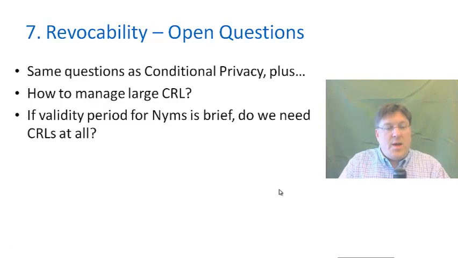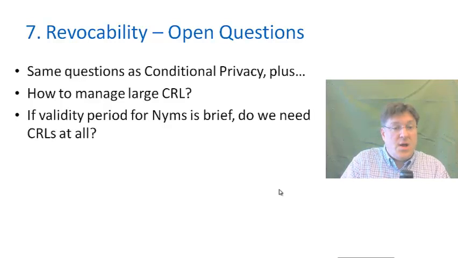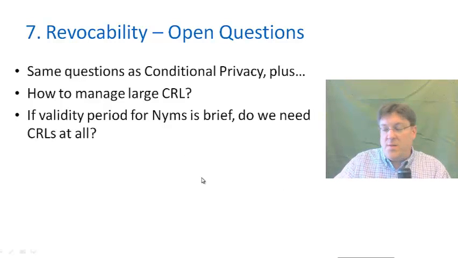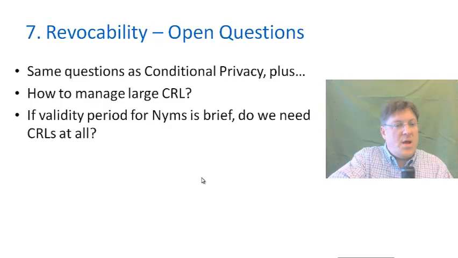The problem again comes to the same questions as conditional privacy, plus how are you going to manage all these certificate revocation lists? They can get to be pretty huge. And the other question is if we can reduce the validity period for these pseudonyms, if they're only 5 or 10 minutes long, do we really need to have long, big CRLs? I mean, how can we manage that problem? This is a problem that has gotten a lot of attention in the research community, but it is still an open question.